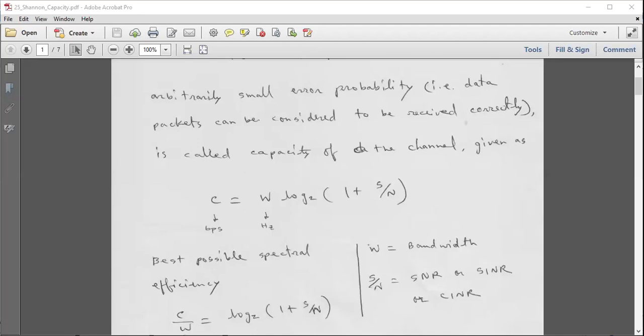Okay. Now, in Shannon's capacity, we are actually talking about the ultimate bit rate. Because in a symbol, you can fit in even 10 bits. The present day 5G supports up to 1024 QAM, which means you fit 10 bits in one symbol.